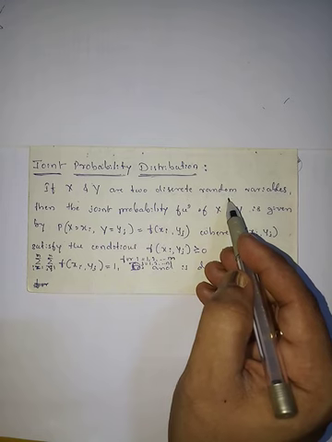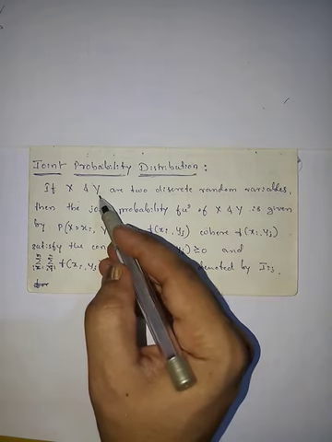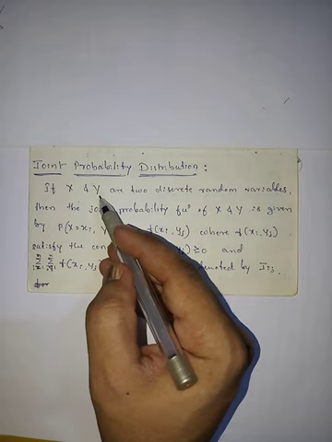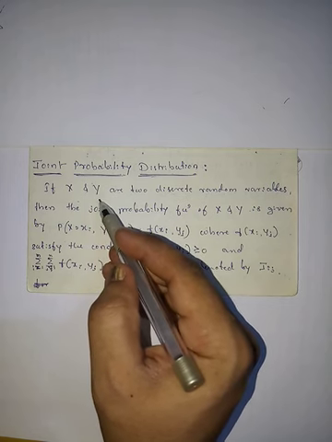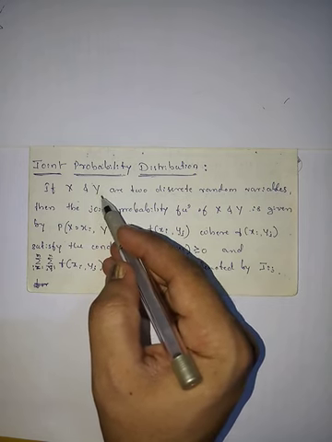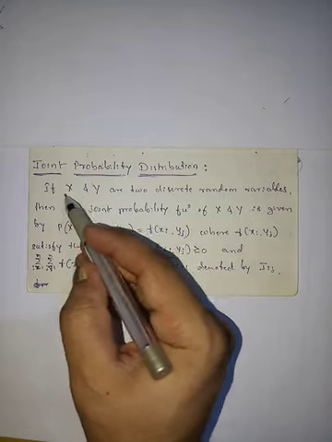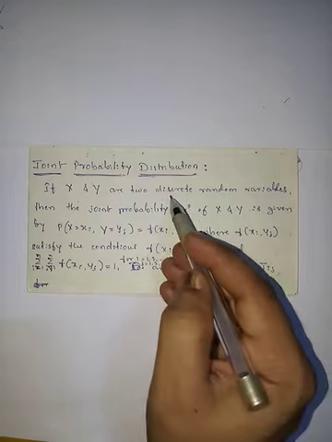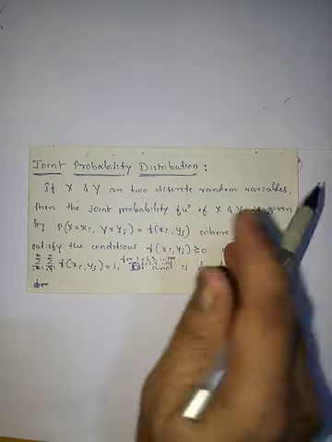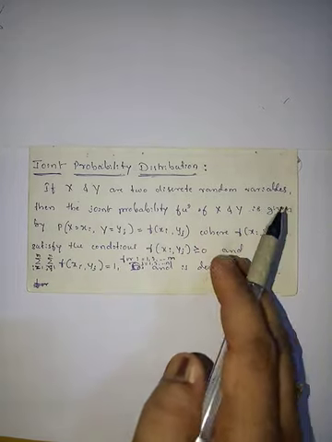So discrete random variables are the variables which take finite values. Then these random variables are called discrete random variables, okay.